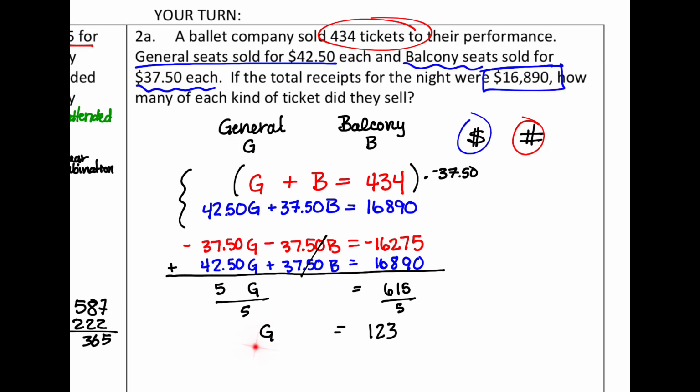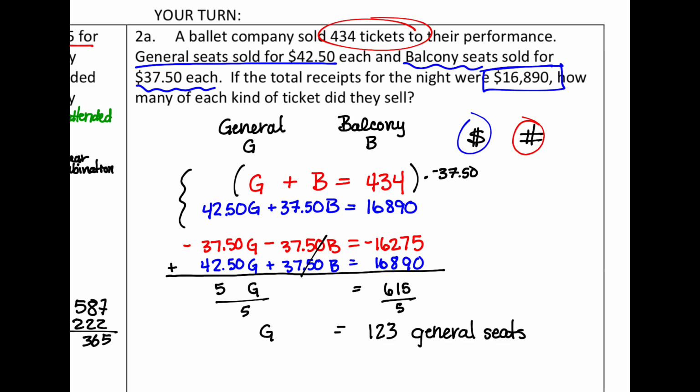So what did I find? G. What did G represent? The general seats sold. Okay, so the tickets for the general admission seats. So 123 general admission. They just called it general seats, so that's what I'm going to call it.